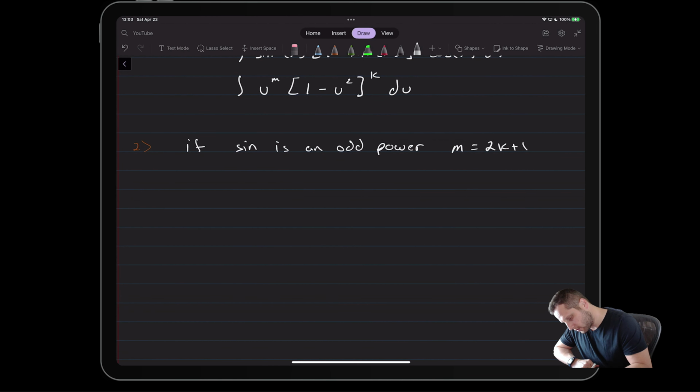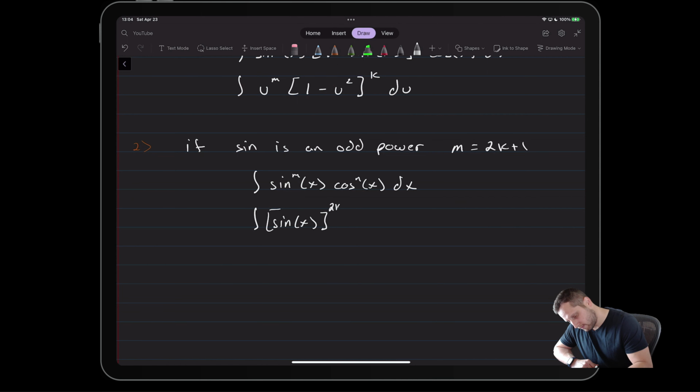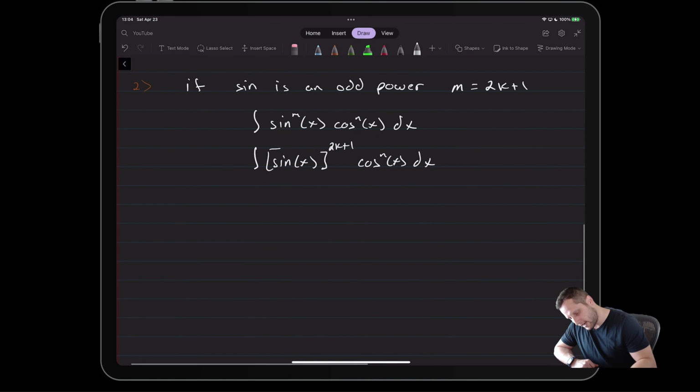So we have sine m x cosine n x dx, and if m is equal to 2k plus 1, then we have sine of x to the 2k plus 1 cosine n of x dx.